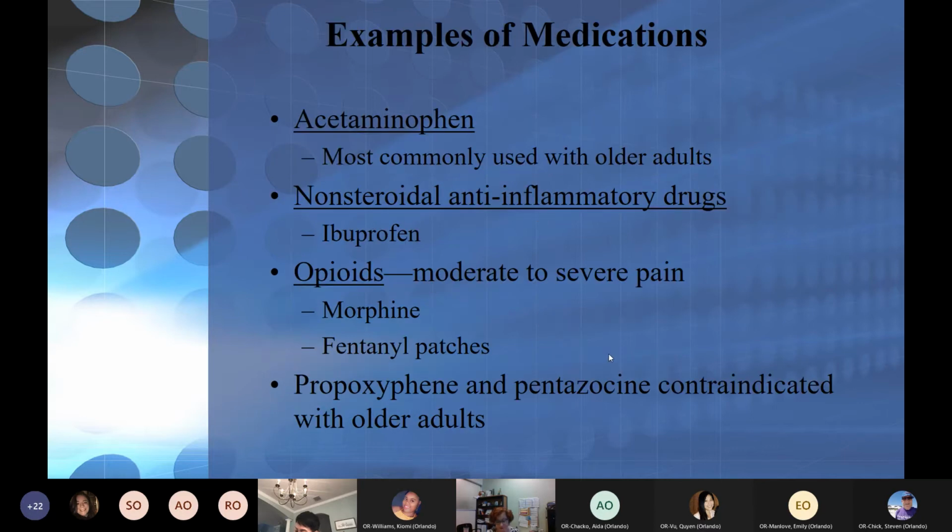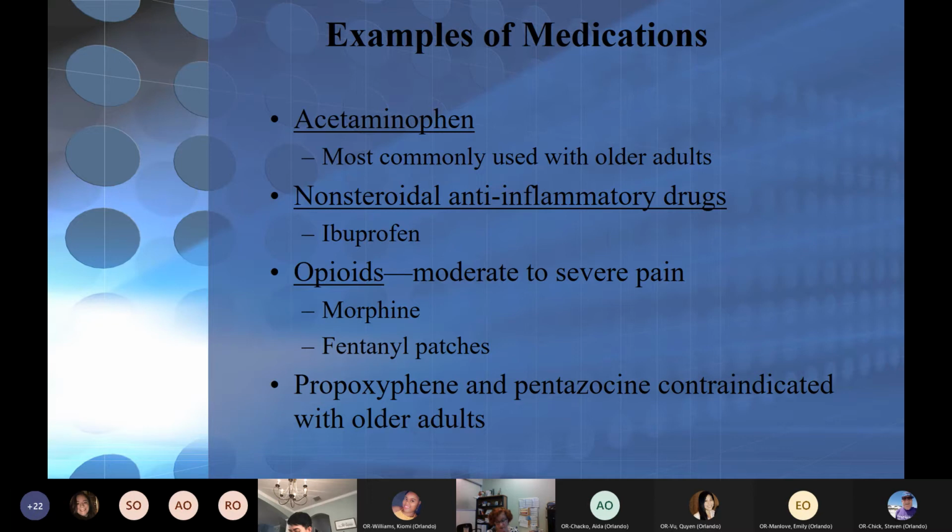I just mentioned the acetaminophen. Now the next drug that likes to be used is your NSAIDs, and of course ibuprofen is the most common. This one works best on nociceptive pain, the somatic and visceral pain.